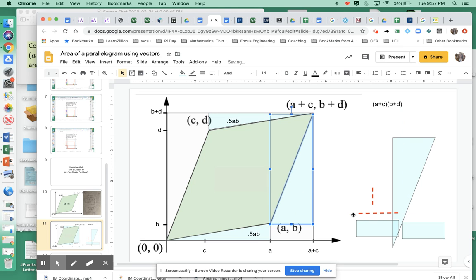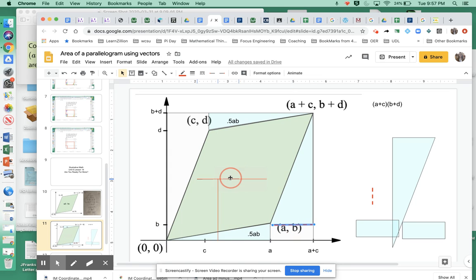All right, then over here, I'm going to make another triangle right over here. I know that this triangle has a base of C units. If I draw from here to here, this distance is C, which is the same as this distance right down here, which is the same as this distance over here.